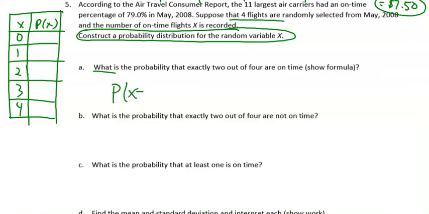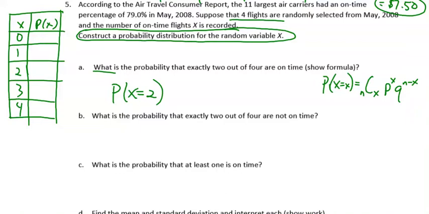So I would flip to my formula sheet, and it would look something like this: n choose x, p to the x, and q to the n minus x. Okay, so you have to interpret that.